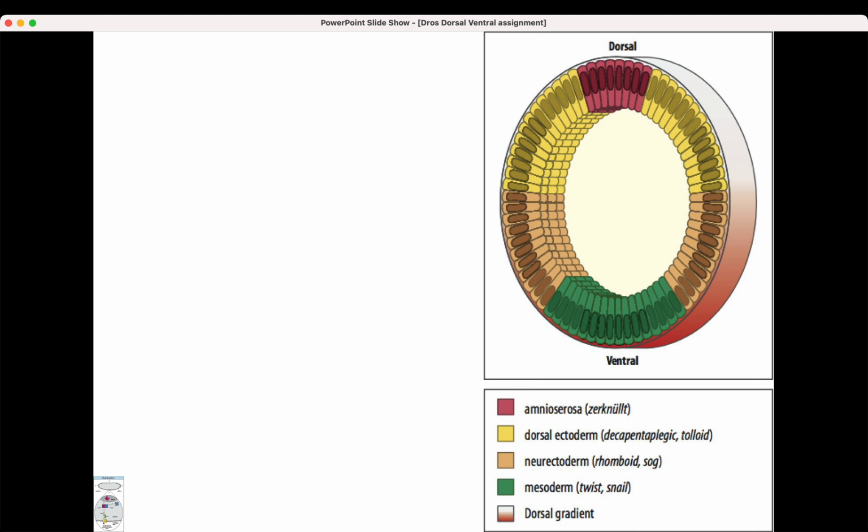And part of it is the dorsal protein gets activated in the ventral region and helps activate ventral genes. It also helps block dorsalizing it, right? So the ventral cells are like, you should be ventral, and we're turning on ventral genes in you like twist and snail. We're also trying to block any signal coming from the other region that says be dorsal.